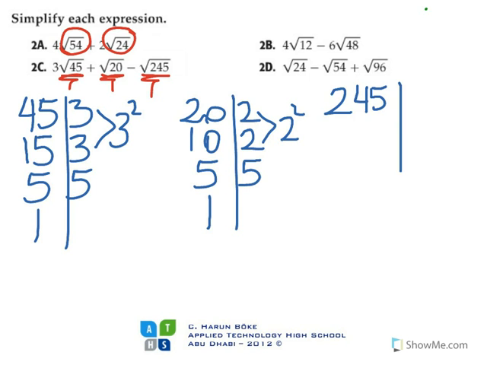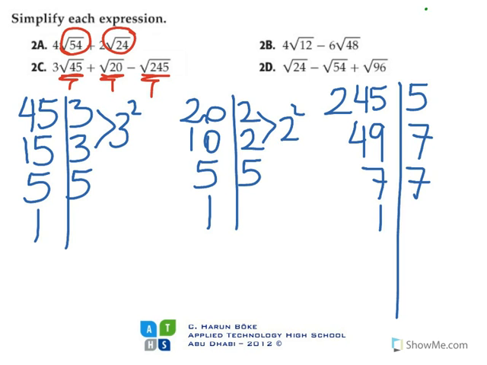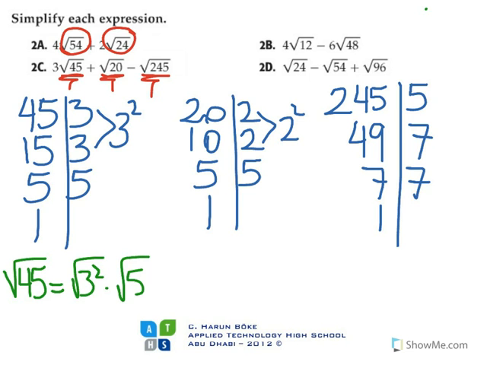and for 245, this may take a little bit longer. Now, we have to start dividing by 5. Then it will be 49. Dividing by 7, we get 7, and dividing by 7, we get 1. So, square root of 45 is square root of 3 squared times square root of 5. So cancelling the square and the square root, we have 3 square root of 5.